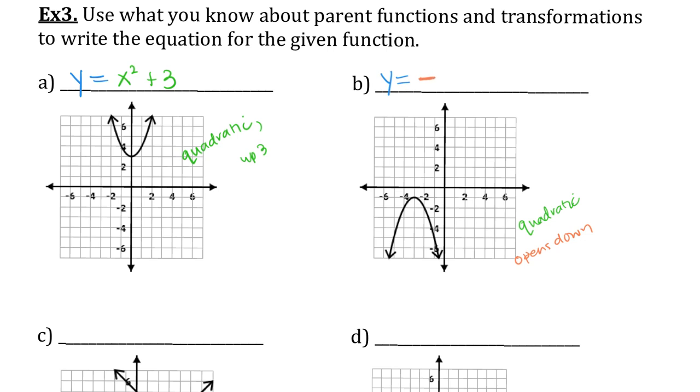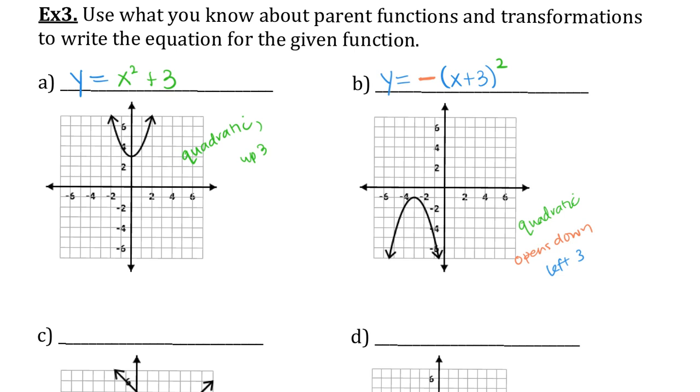Okay, now does it move left or right? It does. Which way? It moves 1, 2, 3. Left 1. No, not left 1. Left 3. What does that look like? Parentheses. Left 3. What is this? Quadratic.